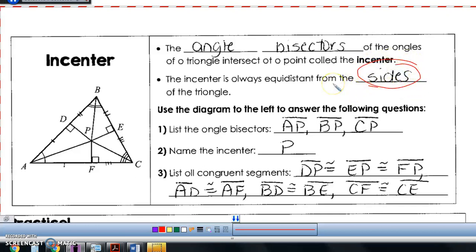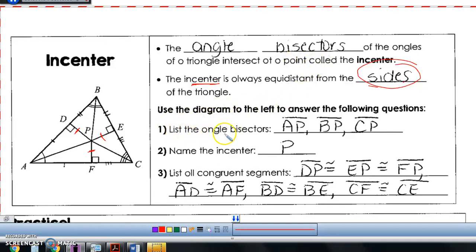Now I want to remind you that just a while ago on the other side, we said that the circumcenter was equal distance to the vertices. So this one, the incenter, is equal distance to the sides. So that means these are all the same. That's important.